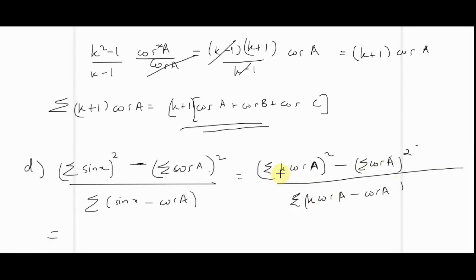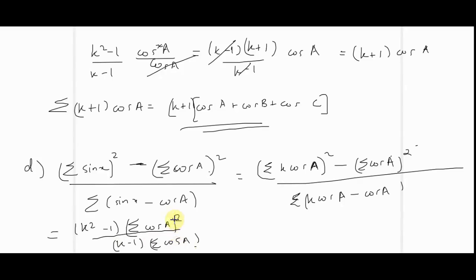So k square is common in all terms throughout the summation. So we have k square on the top and you have a 1 over here. What's common here again is summation cos A the whole square. In the denominator we have a k minus 1 common and summation cos A.